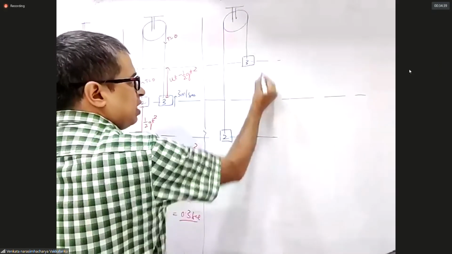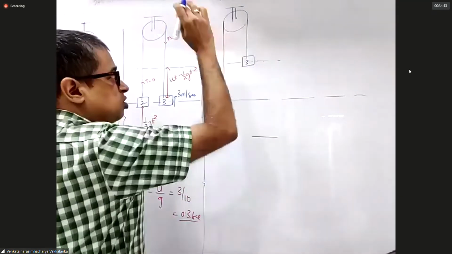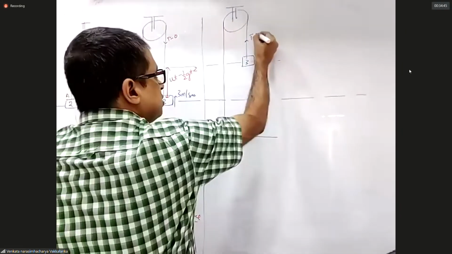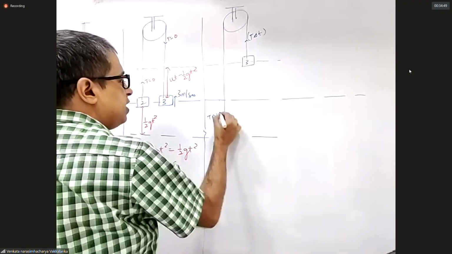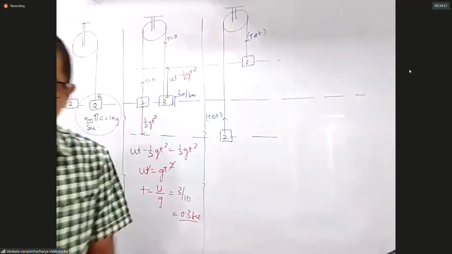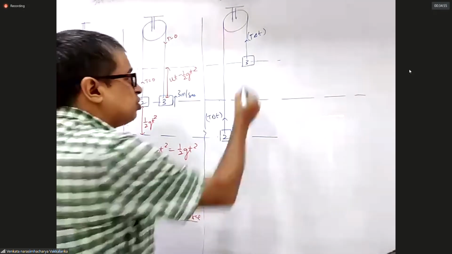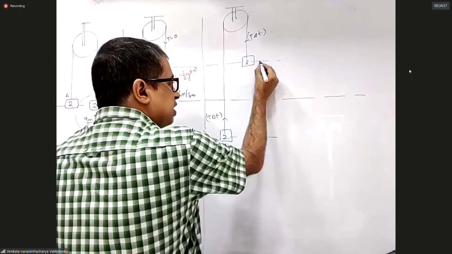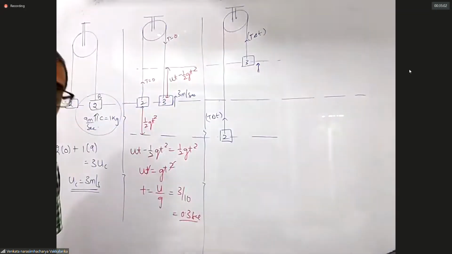By the time it traveled this distance, this traveled an equal distance, hence the string became taut. Once it becomes taut, there will be an impulse called T delta T. Do you agree with that? Yes, sir. Now, first of all, when this mass came here, just before the string became taut, what is its velocity?